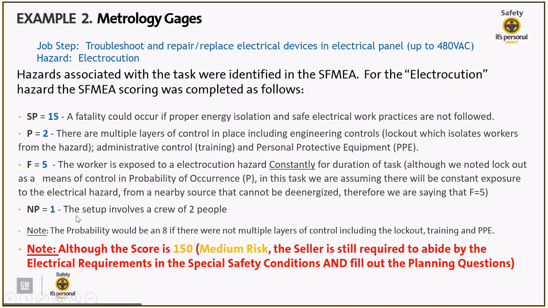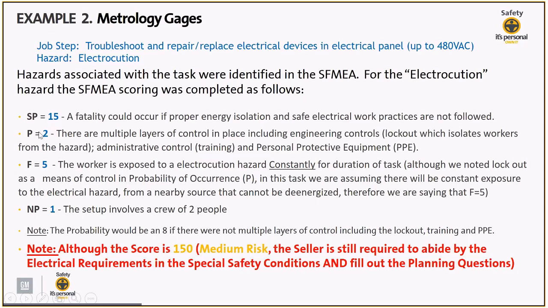Number of people, they said was 1 because the setup involves 2 crew members, and for NP, 1 for us means 1 to 2. Just a note there, the probability of occurrence would be an 8 if it were not for multiple layers of control. Because we have multiple layers, we use the 2 here.